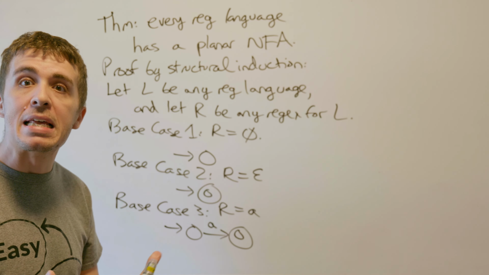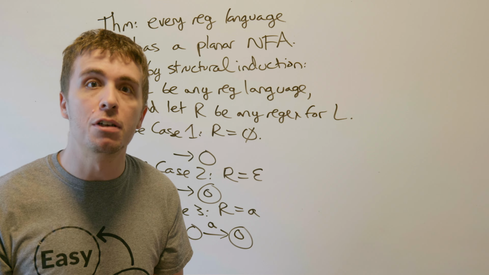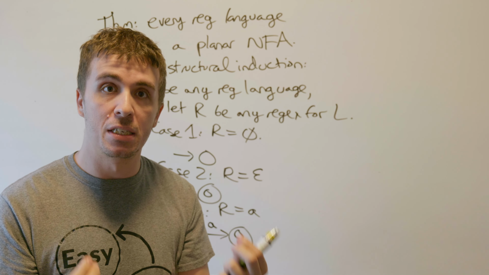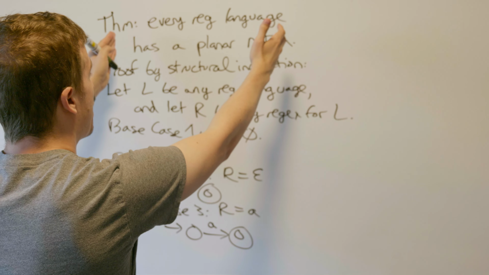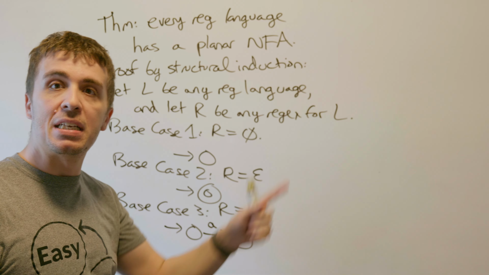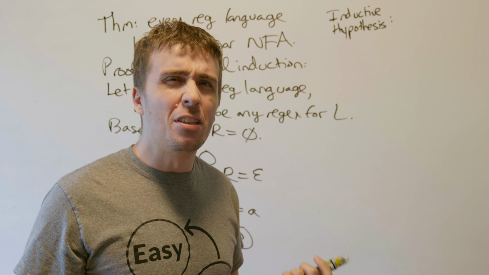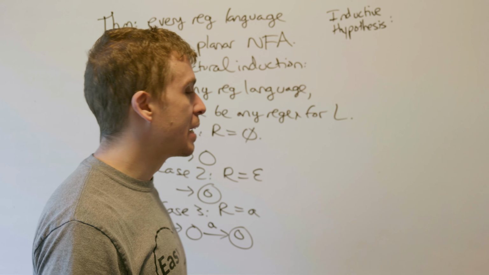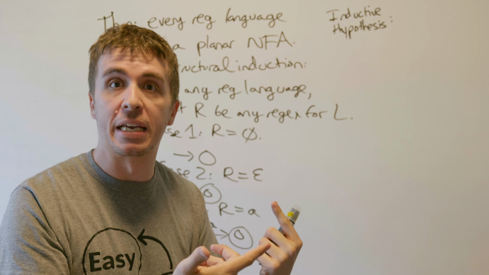So now we need to go on to the inductive cases. In every inductive proof, we need an inductive hypothesis, which all you do is you take the thing that you're trying to prove, and instead of saying every or for all, you say for some. Actually, there's a little bit more you have to do because we're going to be looking at 2 regexes and then doing unions and concats and stuff.